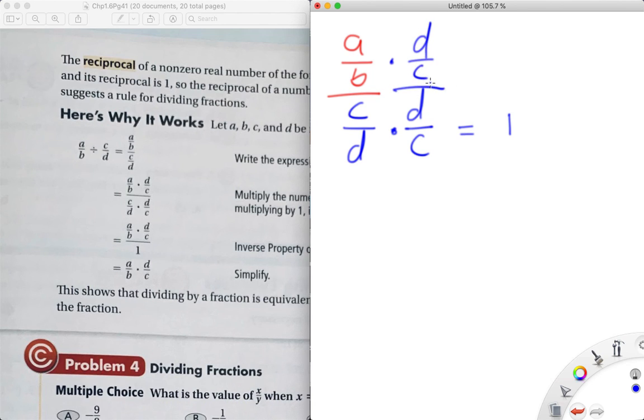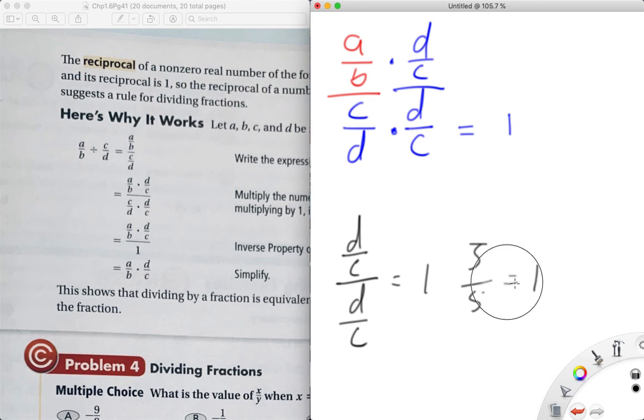And if you're asking why that is, if we think about it, d over c divided by d over c is 1. It's like saying 5 divided by 5. It's 1. So in essence, I'm multiplying this fraction by 1. I'm not really changing the numerical value.